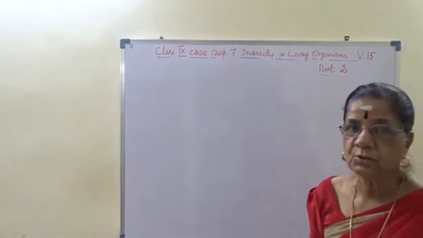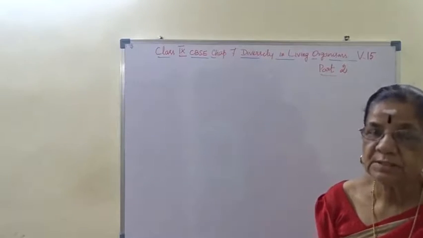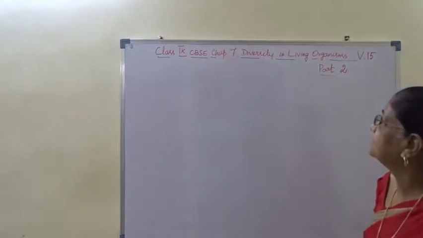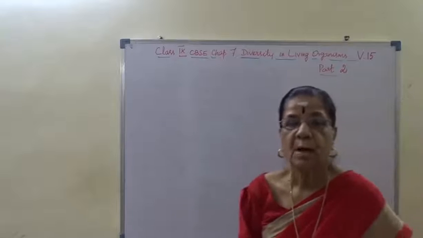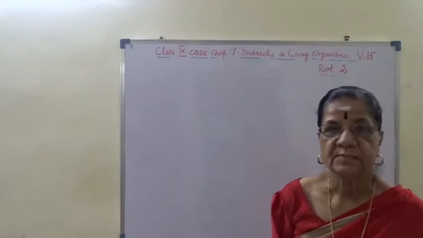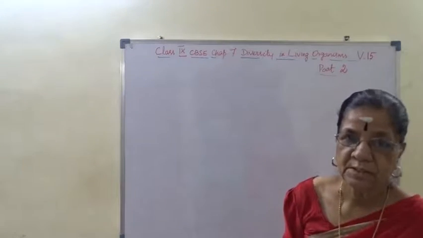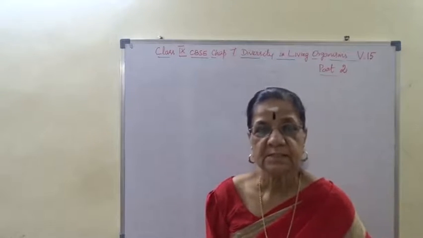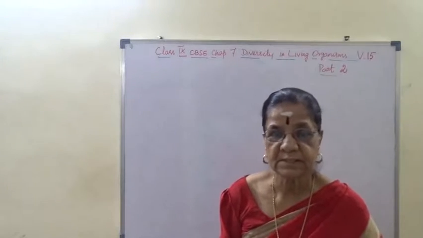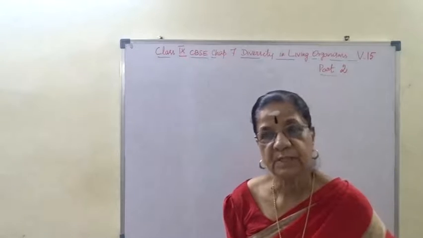Today we are going to do the same chapter 7, diversity in living organisms, part 2, as video number 15. In video number 14 we just started the lesson, and the continuation of that is the 5 kingdom concept we have learned.